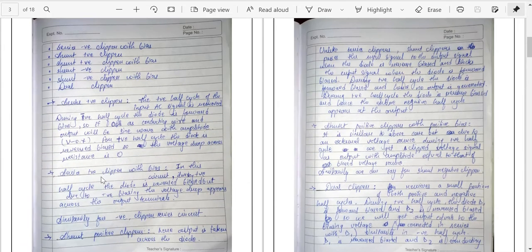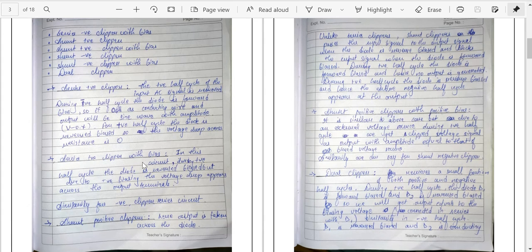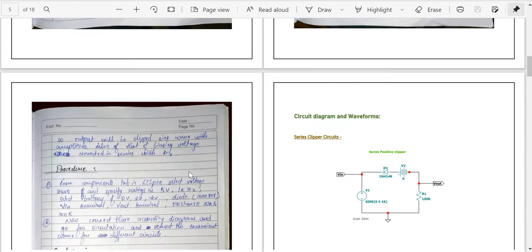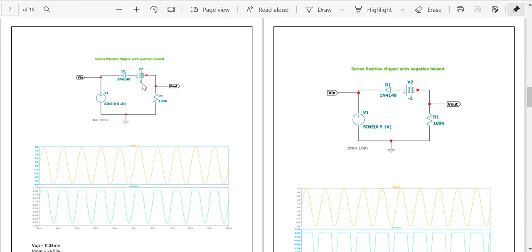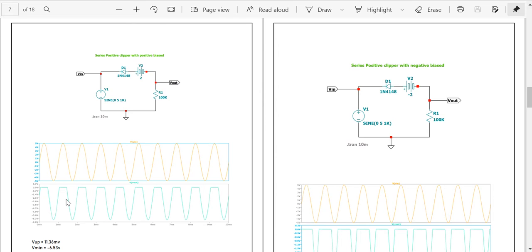Then for the series positive clipper, if we put a bias, a 2 volt external DC voltage, what will happen is that the amplitude of the negative half will increase by 2.